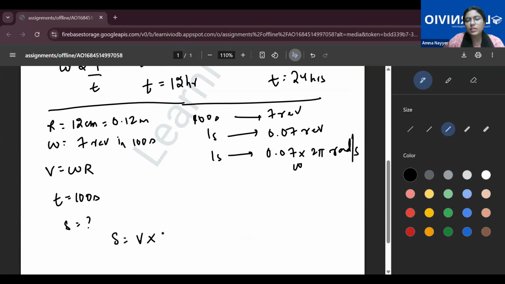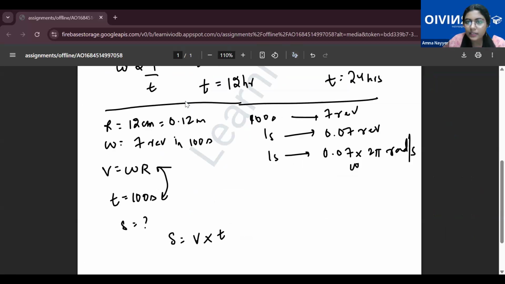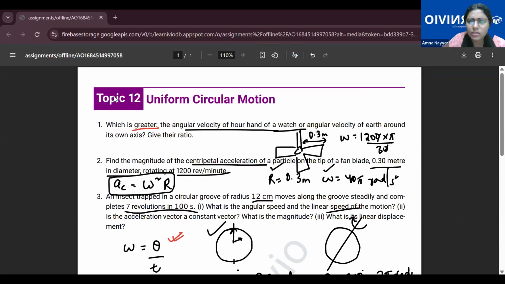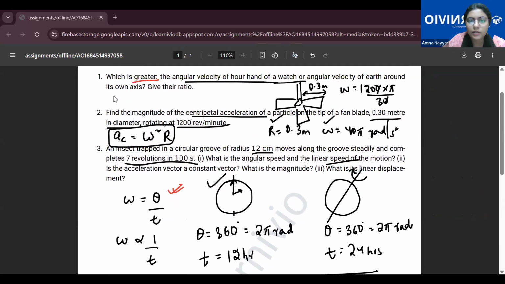Speed is equal to distance divided by time, so distance will be speed multiplied by time. You multiply both of these. Got it, Nabiha? Yeah, ma'am, understood. Okay, quickly just write down the key pointers so that you can copy. Then we'll come back to the chapter.